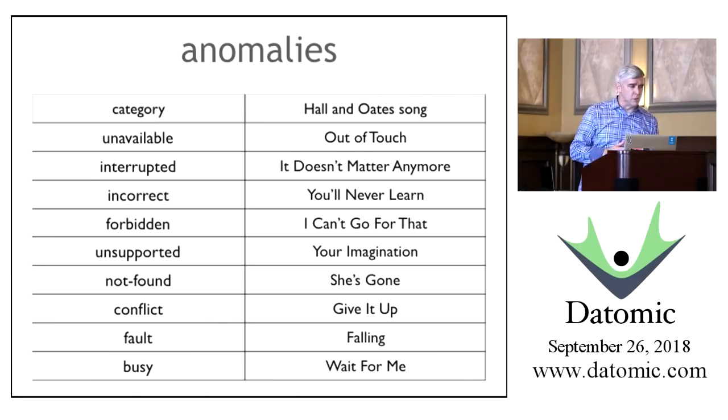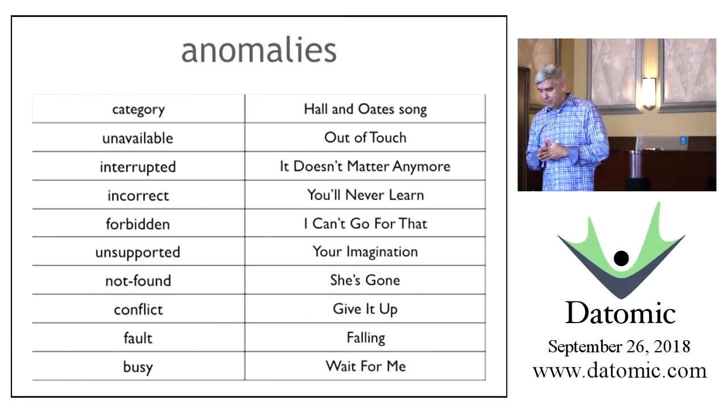So the library that Datomic clients use to report errors is directly inspired by Hall & Oates. We've translated the names from the songs into more programming names. We had to avoid copyright infringement. But I'll show you the table that will let you understand what can go wrong.